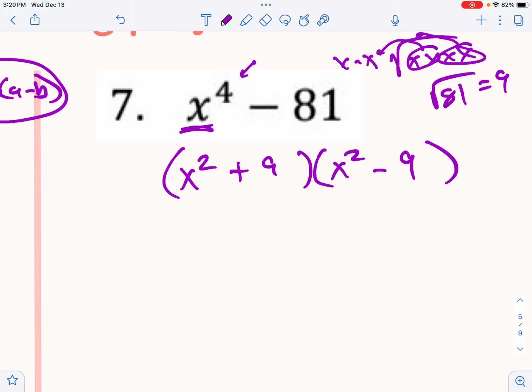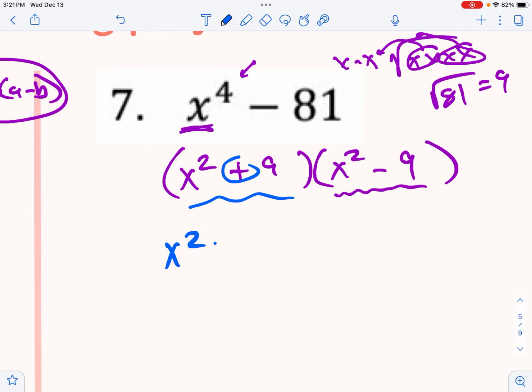And you would think you'd be done there, but if you look at this one, that's difference of perfect squares. If I said, hey, factor this, oh, hold on. X squared minus 9, well, 9 is 3 times 3, so that's a perfect square. So basically, I can factor that again. I cannot factor this again, and a lot of people try to because it's sum of squares.